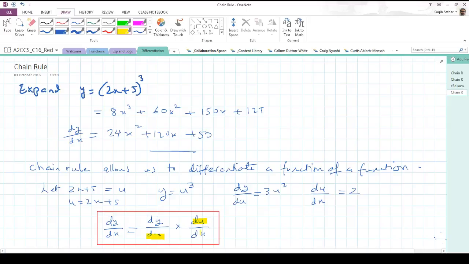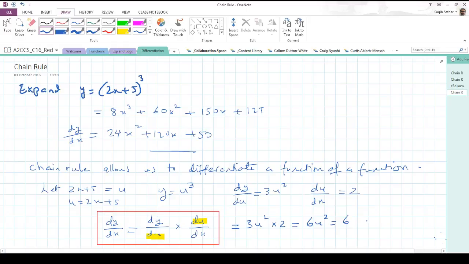Okay? So when you get trick questions, or when you get harder level questions, remember it always works out. If you were to cancel them off, you'll always get what you're essentially looking for. And so based on that, I can say dy/dx therefore equals dy/du, which is 3u squared, times 2. This gives us 6u squared. And now we can substitute it back in, because the question started off in x's.